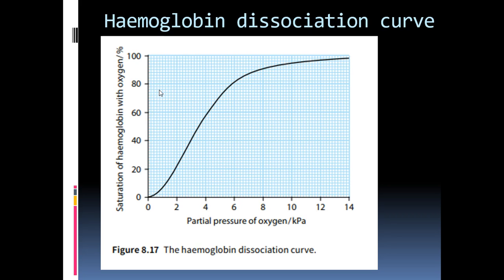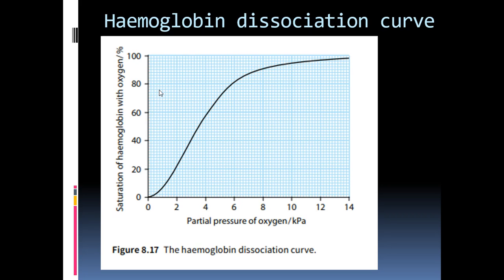Oxygen will combine with each heme group in the hemoglobin molecule one at a time. So when the first oxygen molecule moves into the first heme group of the first polypeptide, it will cause the whole hemoglobin molecule to be distorted slightly.